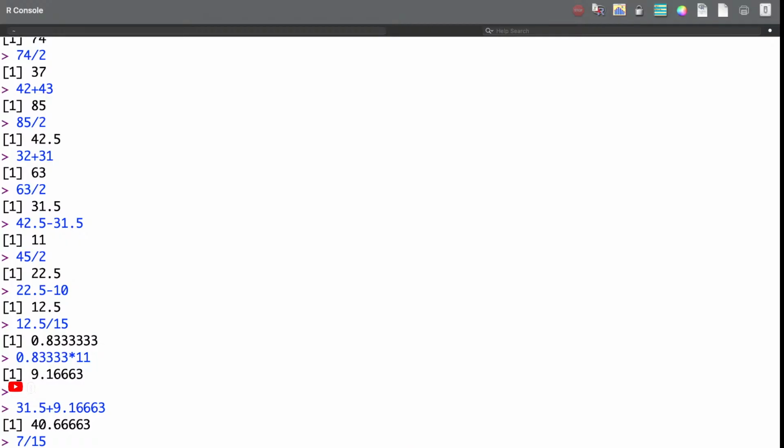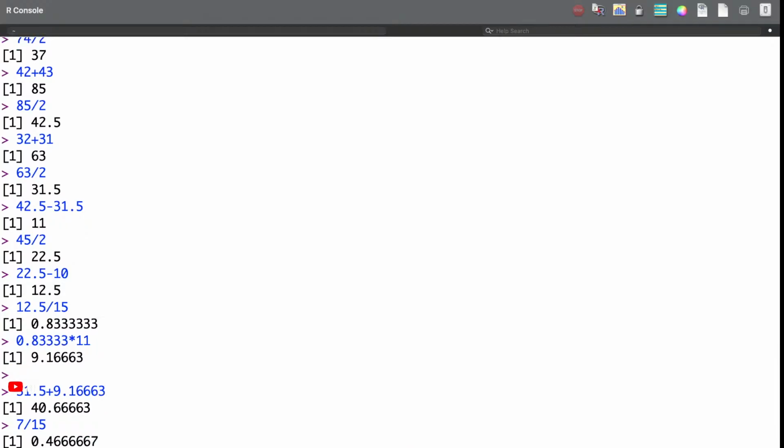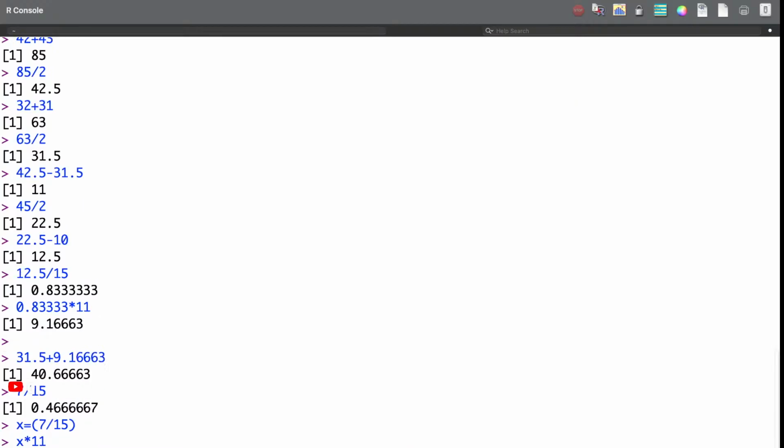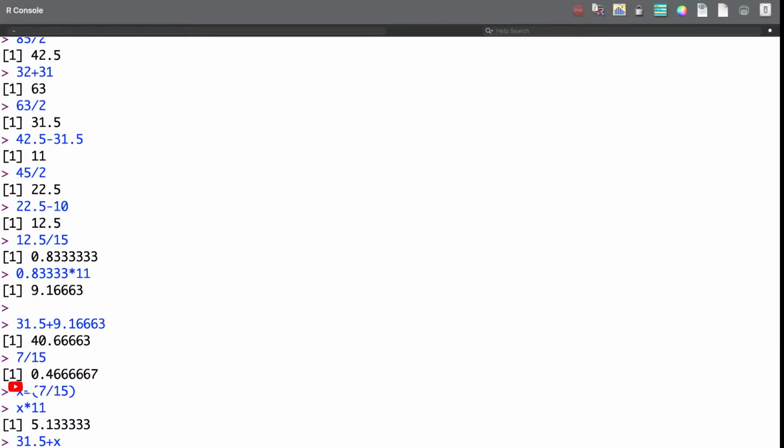Let me put it as a variable to help me calculate. So we do x times 11. Then we add the lower boundary, and we find 35. So that is what we call our mode.